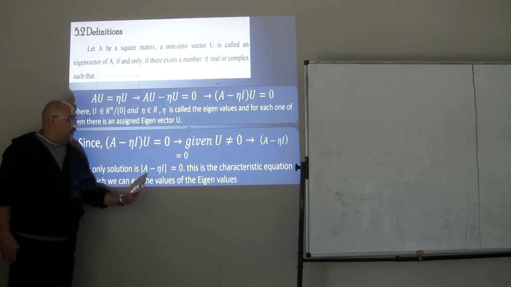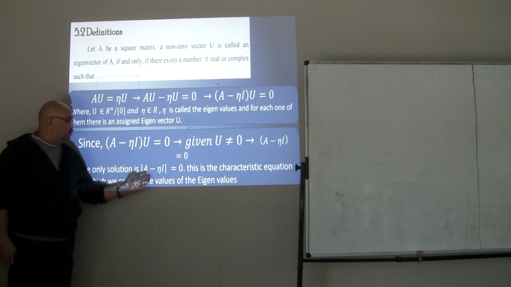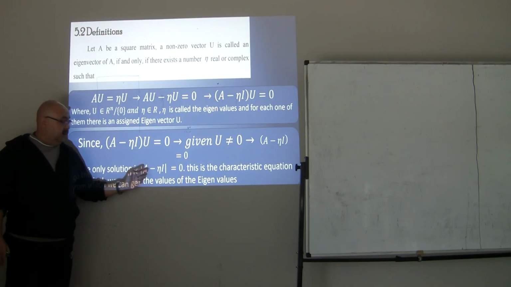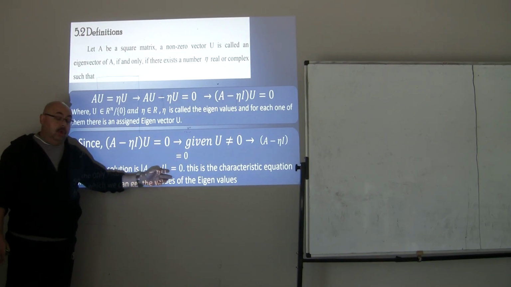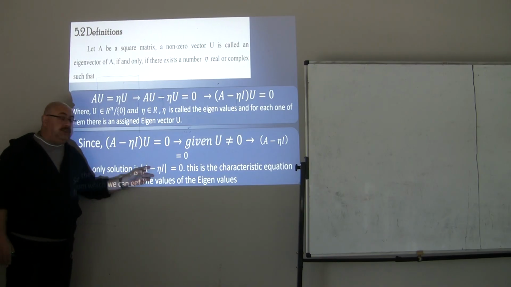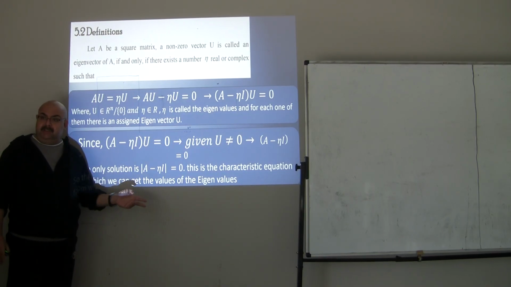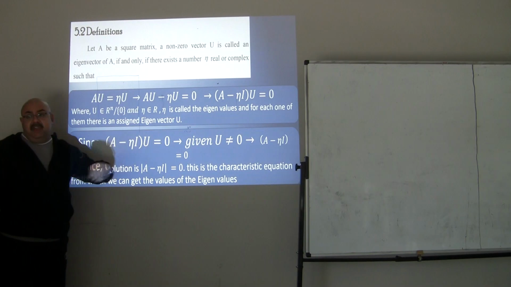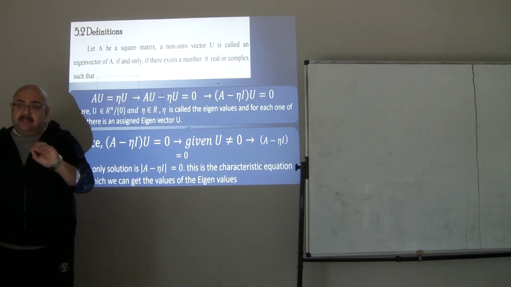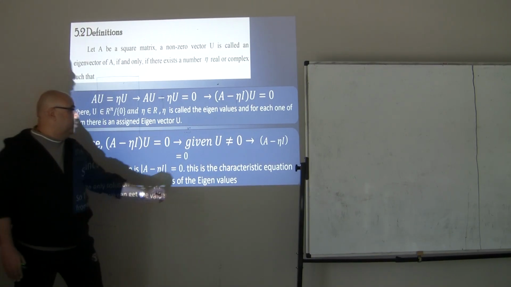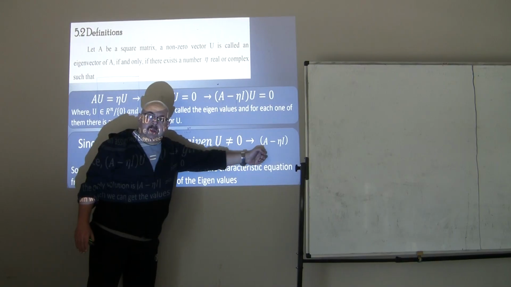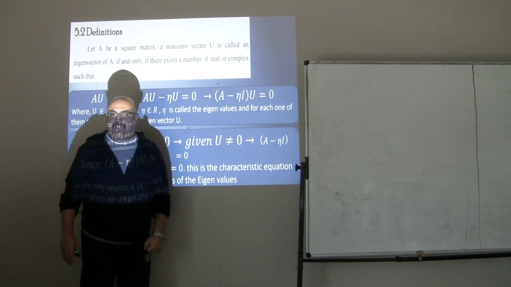At the same time, once this matrix is equal to 0, its determinant will be equal to 0. Once you expand this equation, it's going to be a characteristic equation, from which I can find the eta values. After finding the eigenvalues, I will use this system in order to find the eigenspace.